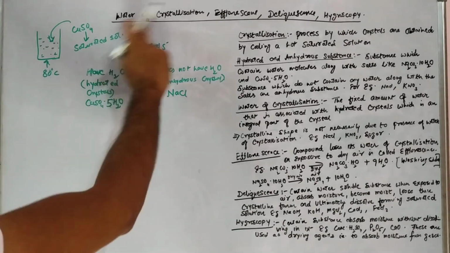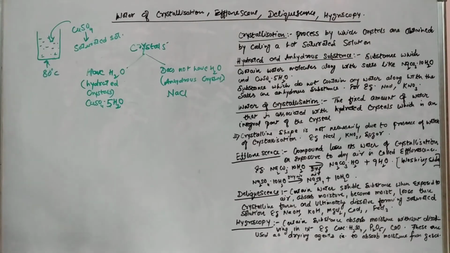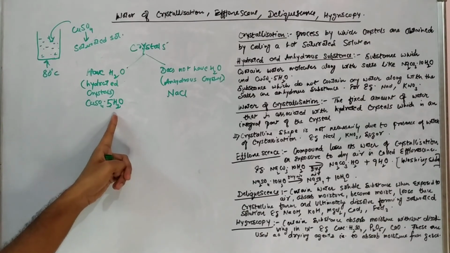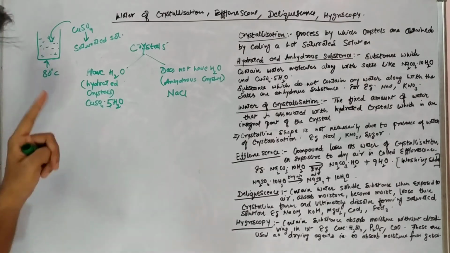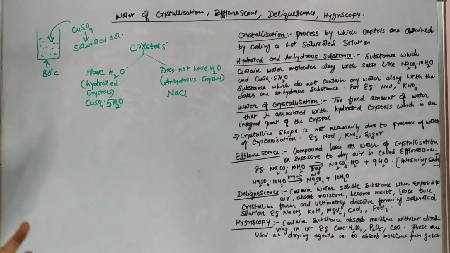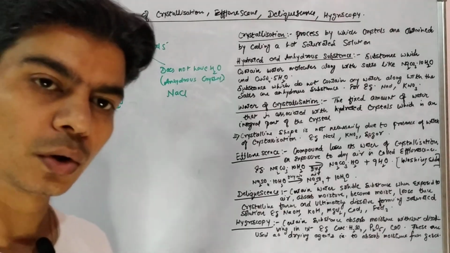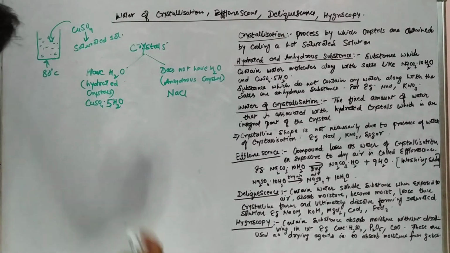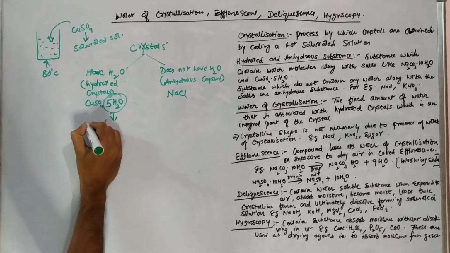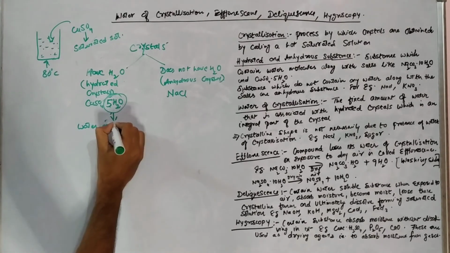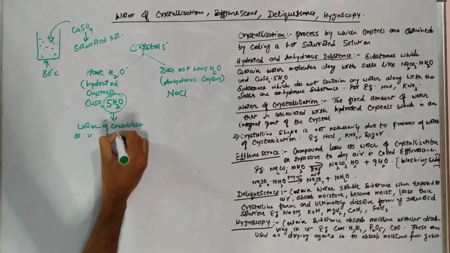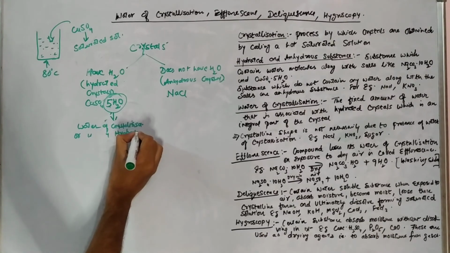Now, I explained this so that we can understand what water of crystallization is. The water molecules associated with copper sulfate are known as water of crystallization, or water of hydration.